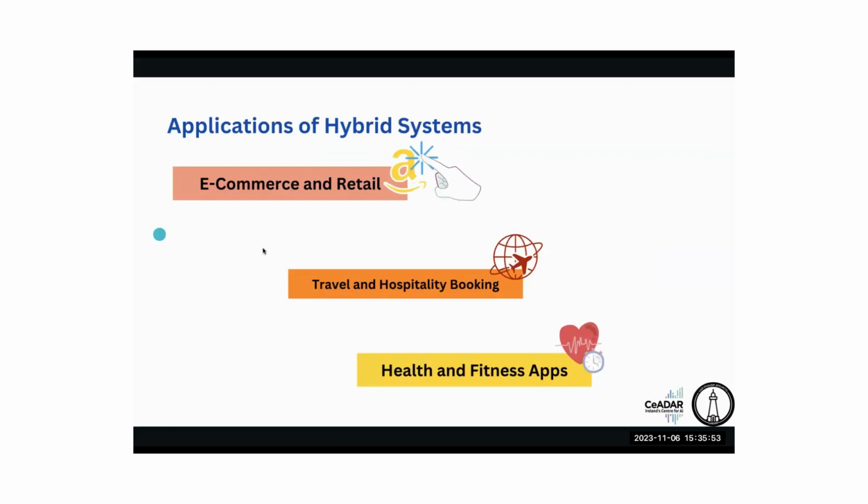So let's start to talk about the different applications of hybrid systems. One of the biggest applications for hybrid systems is e-commerce and retail. In e-commerce, providing location-based recommendations for nearby stores can be applicable, or special and different types of promotions can be applied in different locations.